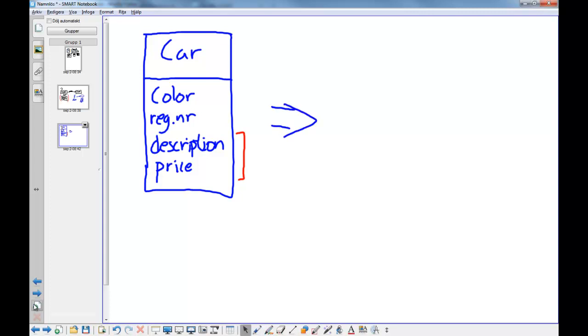So maybe it is like this instead. We have the car, that is the individual car. It has the color, and it has the registration number.